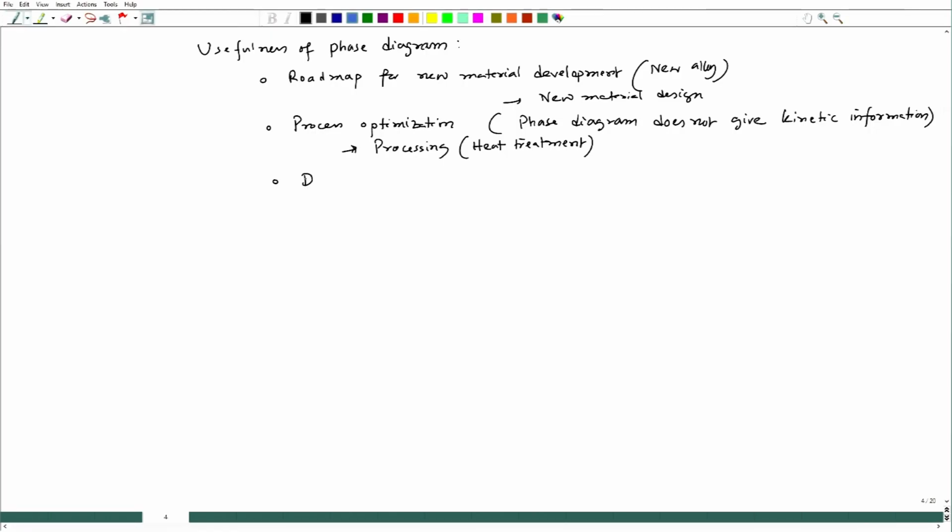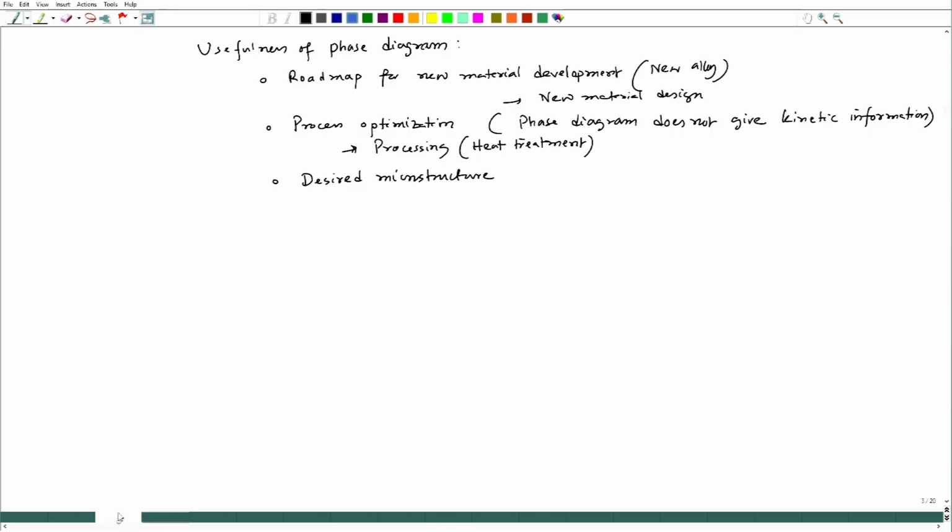Then we can get desired microstructures. At least the fraction of phases, and also what phase would appear first.